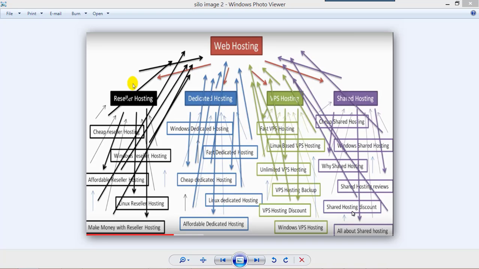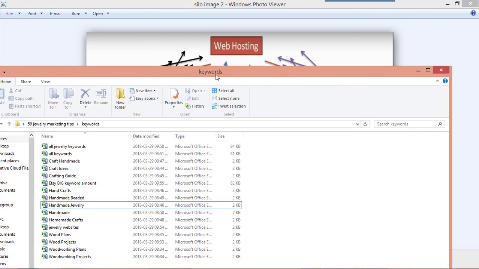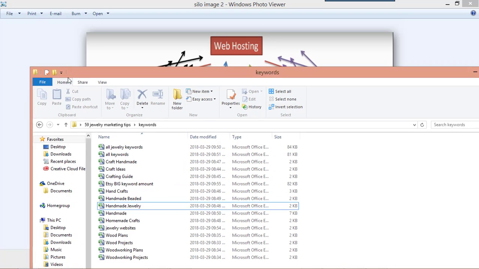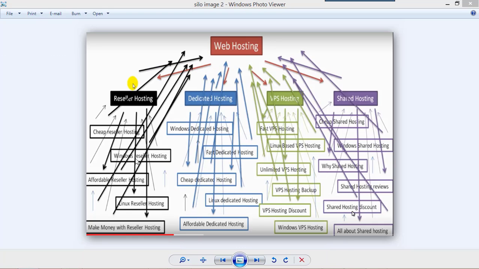And then underneath them, those pages that were inside here, like the handcrafting pages, those would be these pages, and I would link it, or teach you to link it, in such a way that Google fully understands that this whole section here that's black relates to handmade beads or handmade jewelry. This whole section here relates to woodworking projects and plans. This whole section relates to handmade craft and craft ideas. You get where I'm going.